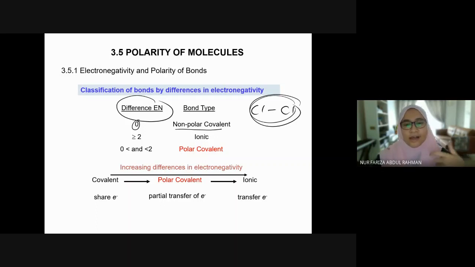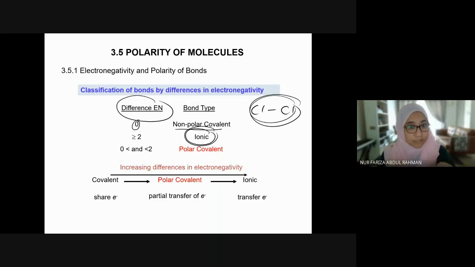On the other hand, for ionic, when you subtract the two atoms and the value is more than 2, it is considered ionic. It is not sharing anymore, it is the transfer of electrons.